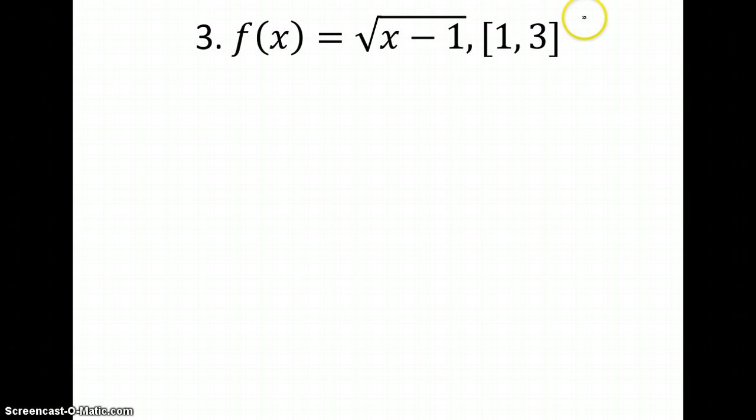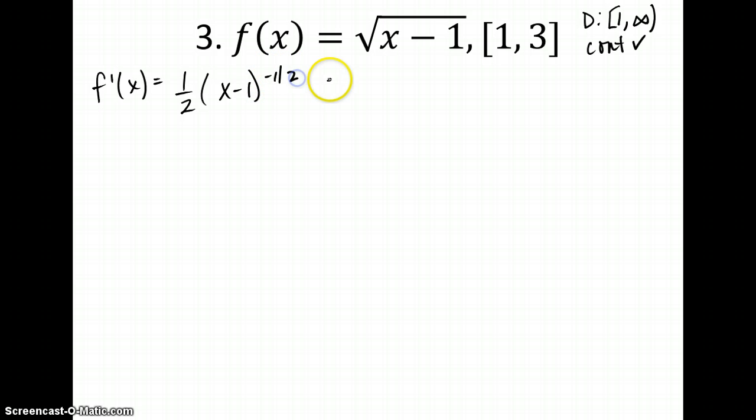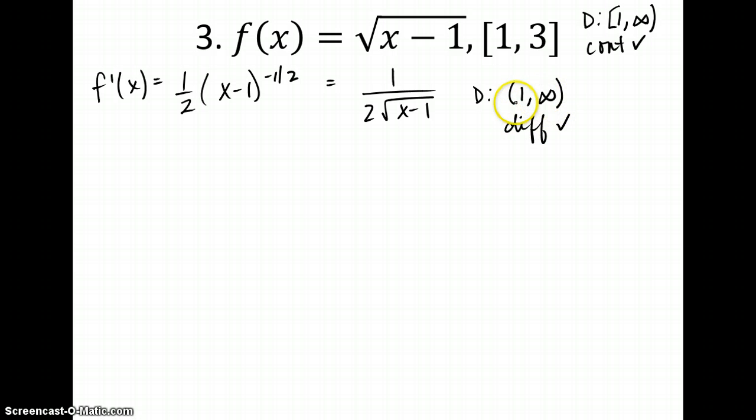Okay, the domain of this function is all numbers from 1 to infinity, anything greater than or equal to 1. So it is continuous, it's allowed to be continuous on the closed interval. When we find the derivative, 1/2 x minus 1 to the -1/2 power. The domain of the derivative is now any number bigger than 1. But remember the condition, it has to be differentiable on the open interval.